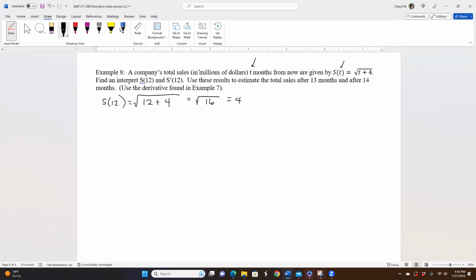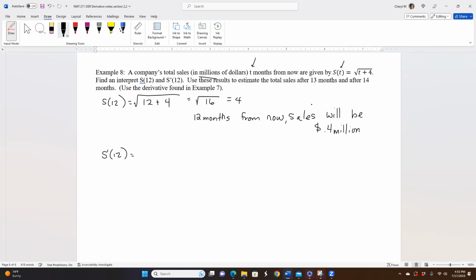But then they said it's in millions of dollars. So the way we'd interpret this is we would say 12 months from now, the sales will be $4 million.